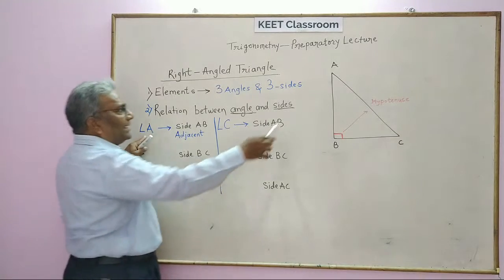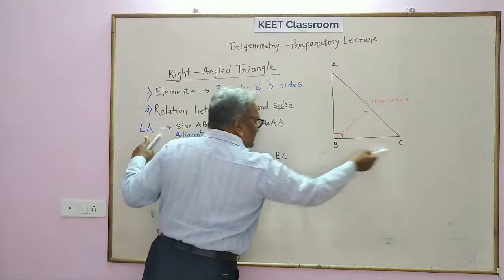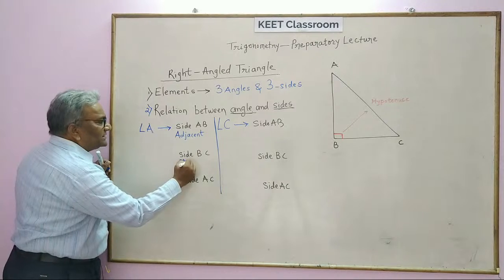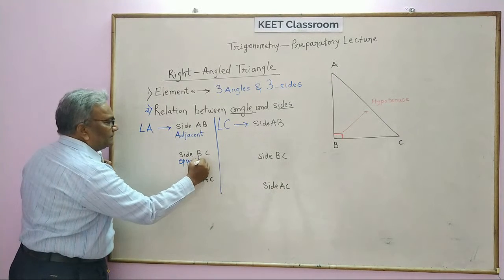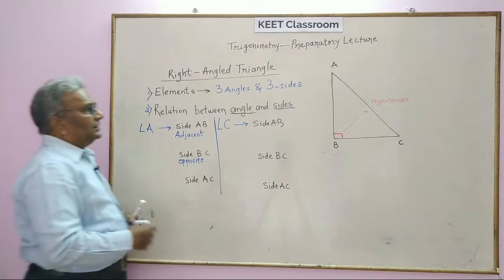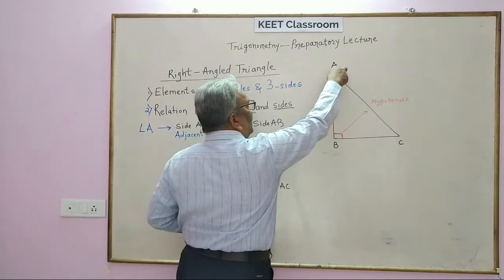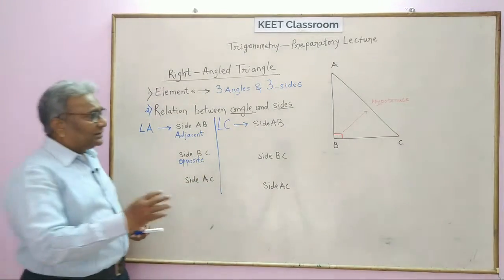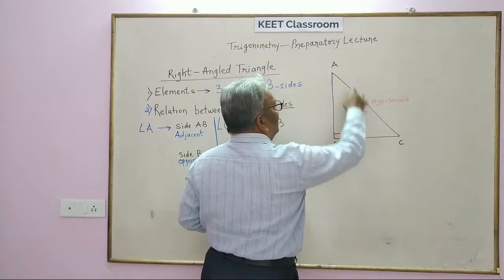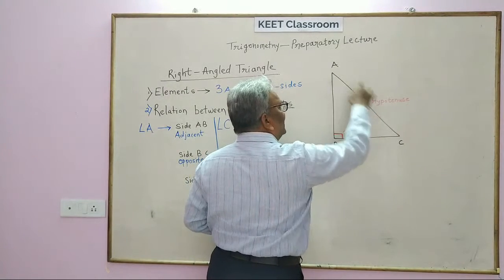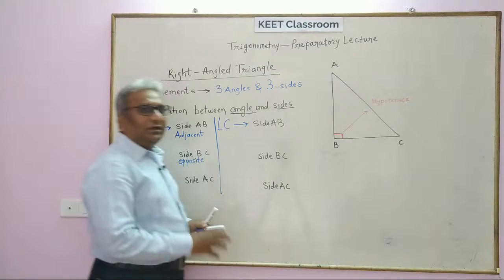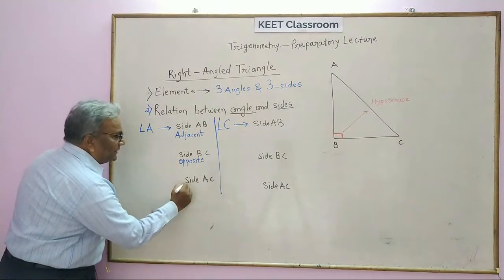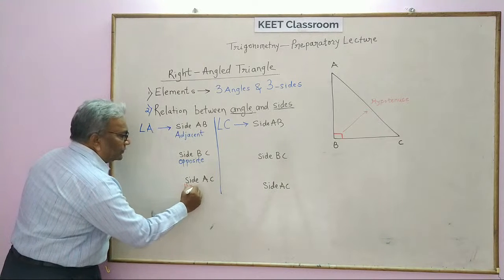Then angle A and BC, it is the opposite side, whereas angle A and side AC, it is adjacent, but in a right angle triangle, the side opposite to 90 degrees is always the hypotenuse. Therefore, this side we shall say is compulsorily the hypotenuse.